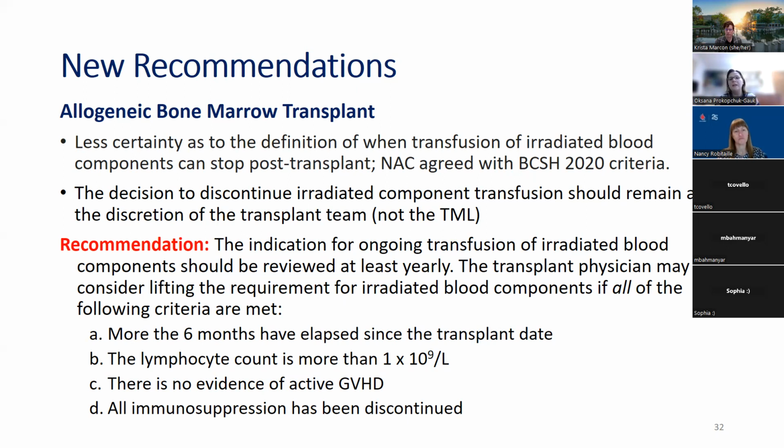So I should clarify that it's more than 6 months from the transplant if all these criteria are met, and the 1 year applies to the indication for irradiation being held in that patient's blood bank file to be reviewed at least yearly if it hadn't been removed, let's say at that 6-month mark.